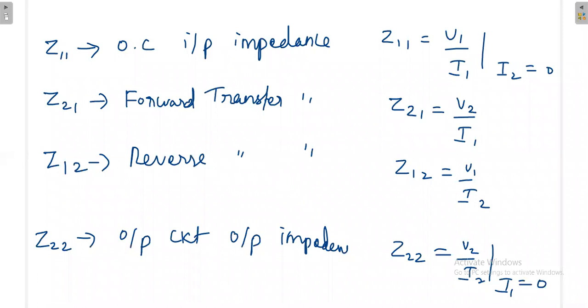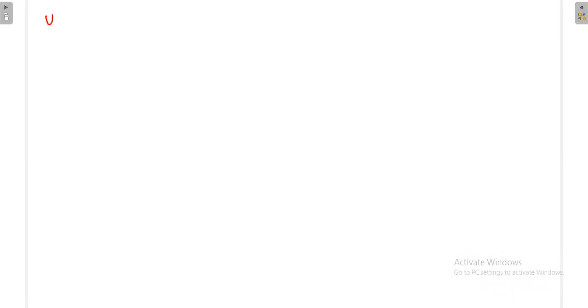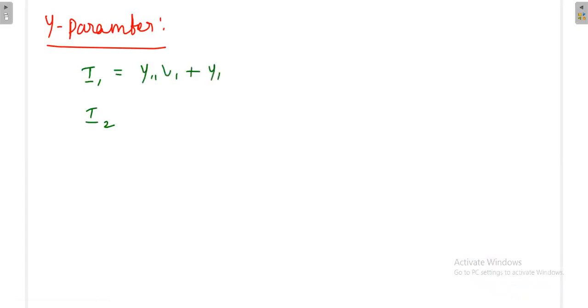So next we will see the Y parameters. Y parameters means the dependent variables are currents and independent variables are voltages. So I1 = Y11 V1 + Y12 V2, I2 = Y21 V1 + Y22 V2.